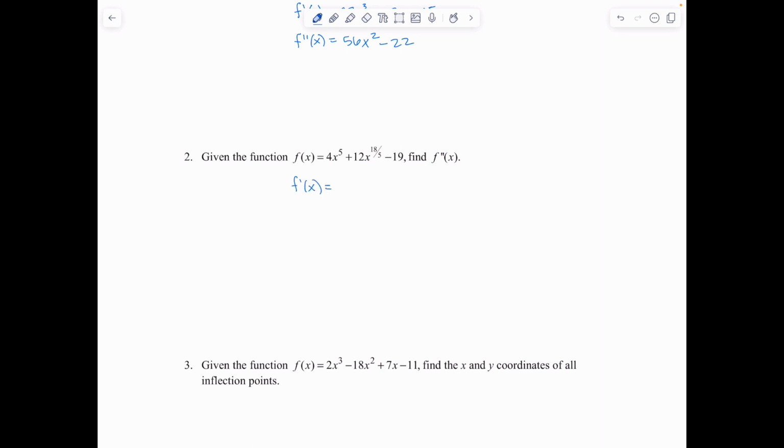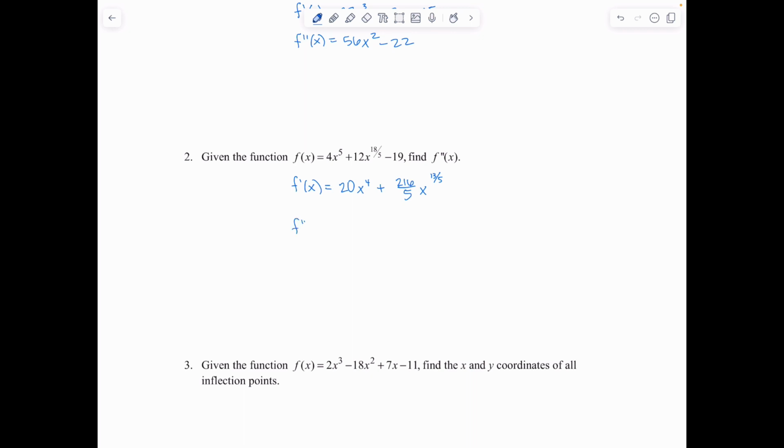The derivative of 4x to the fifth is 20x to the fourth. For 12x to the 18/5, we still use our power rule. 12 times 18 over 5 gives us 216/5. We subtract 18/5 minus 5/5, which is 13/5. The derivative of negative 19 is 0.